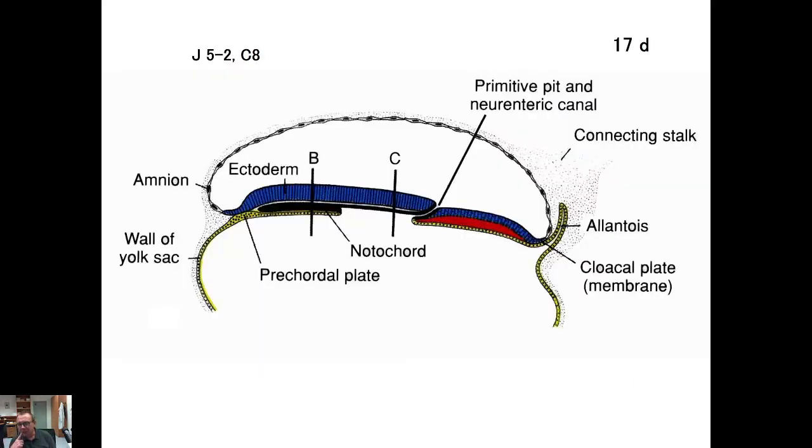Picture from another textbook, but almost everything is the same. Only I want to emphasize this prechordal plate, which wasn't so well visible in the previous picture, really a thickening of the endoderm in the area of the oropharyngeal membrane. A while ago it was a group of cells here, but now these cells are incorporated into the endoderm in this area.